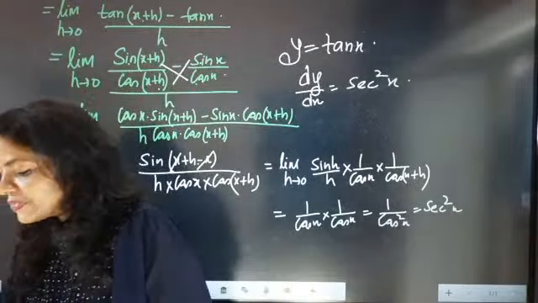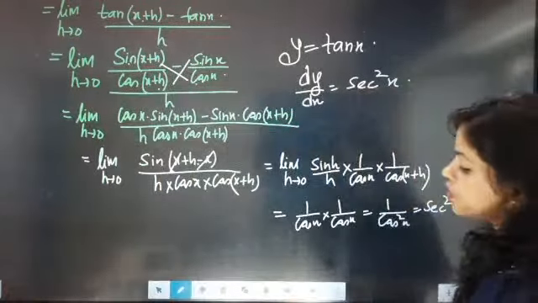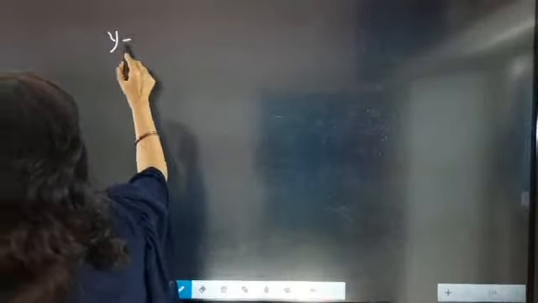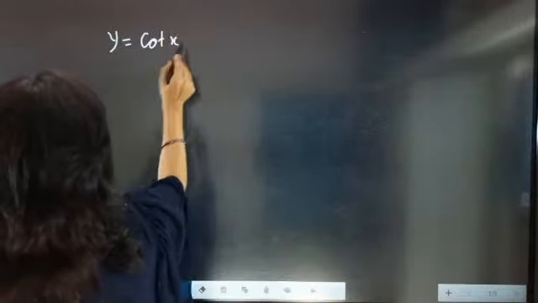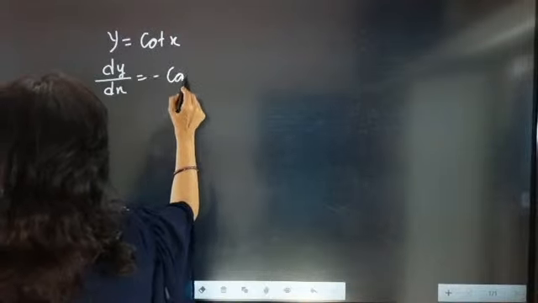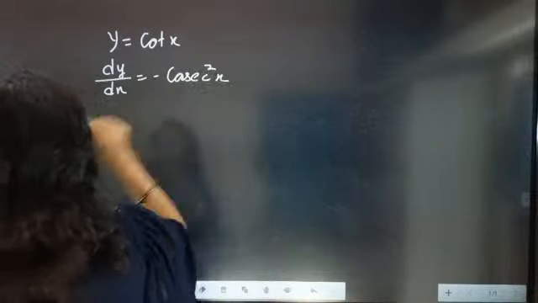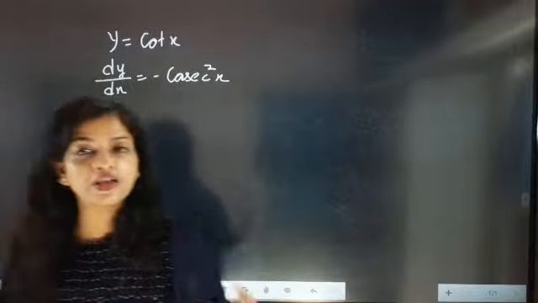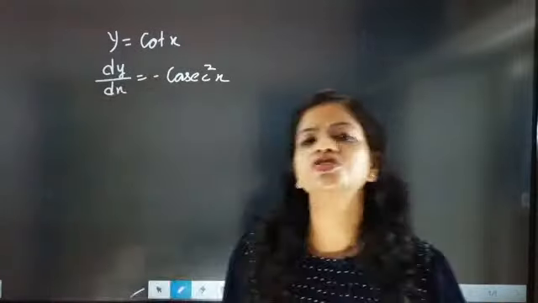Now look here, in the same way, if they give cot x, that is y is equal to cot x, then differentiation of cot x will become minus cosecant square x. This by first principle again we can solve, the same procedure will be there.